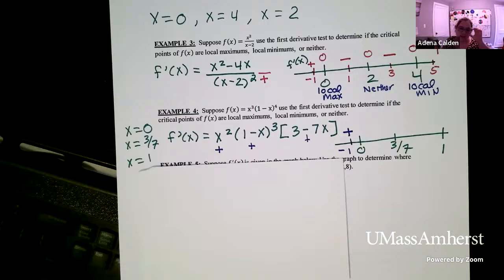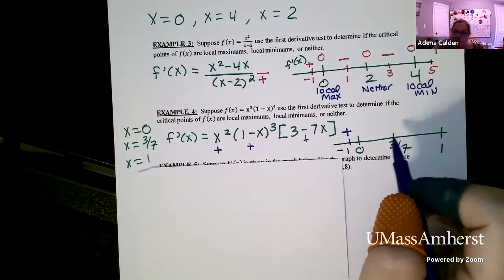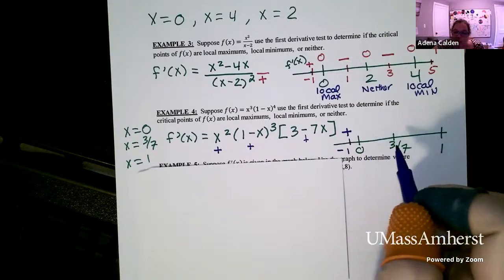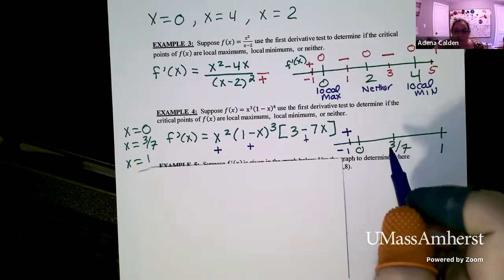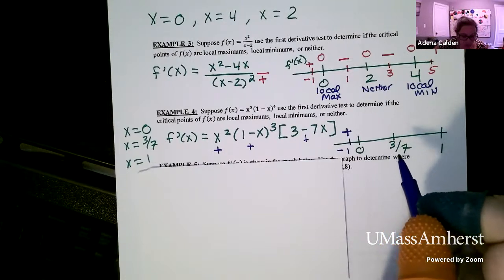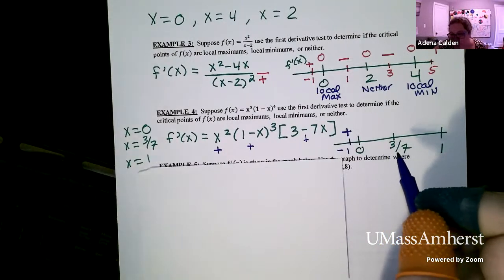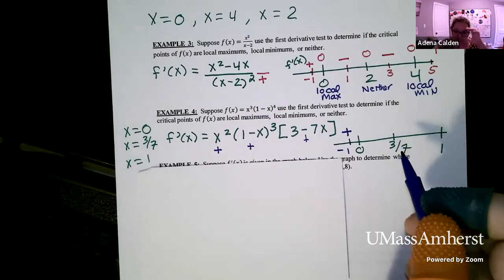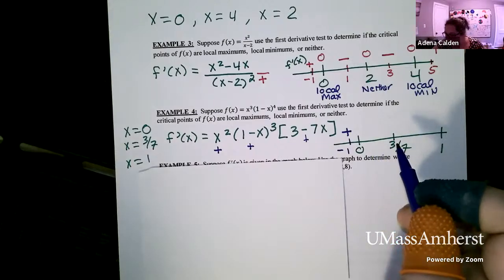Now, here's where we need to be a little careful about our test points, right? So depending on how comfortable you are with fractions, we need to figure out something between 0 and 3/7, okay? For me, the way that I approach this, I know that 3/7, if I turn that into a decimal, is about 0.4. So I like to turn things into decimals so I can pick out what I want to test.